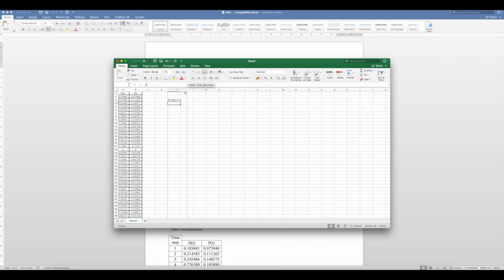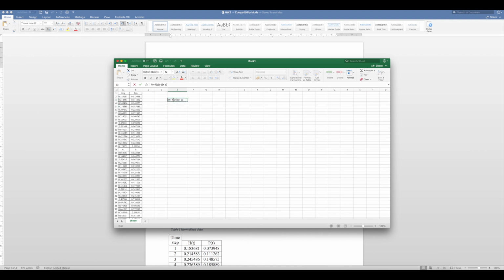So something like this: the pressure at T minus 1 plus the error can be used as a predictor of the Pt.